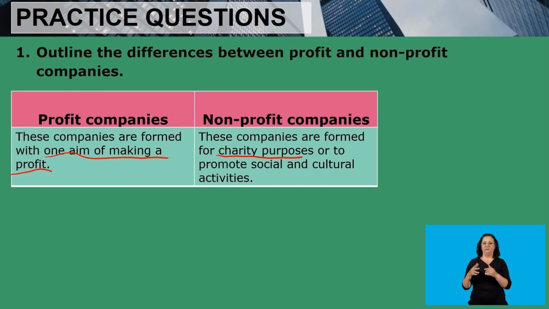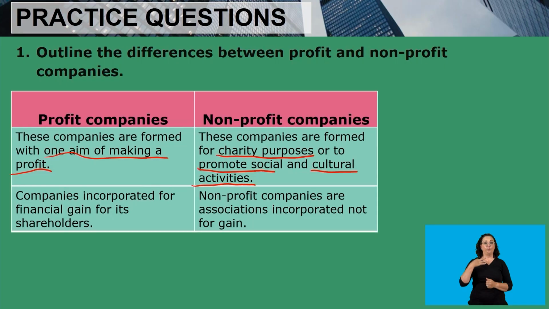Whereas with non-profit companies, these companies are formed for charity purposes or to promote social and cultural activities. They are just generated to assist the community for charity purposes or to assist with social activities or cultural events, maybe trying to tackle some socio-economic issues that are being faced by the community.